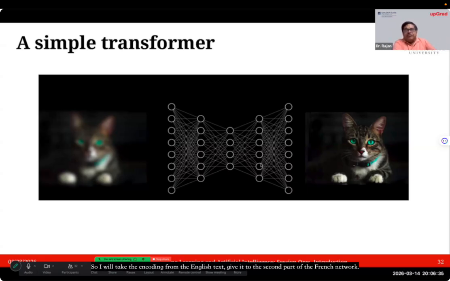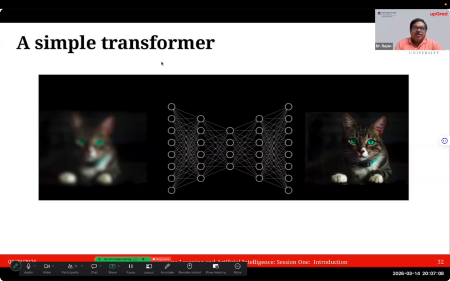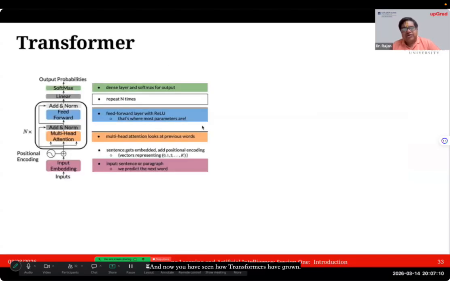So I take the encoding from the English encoder and give it to the French decoder. What have I got? I have got a simple translator from English to French. In fact, this was the very first demonstration of these ideas of transformers. And now you have seen how transformers have grown.